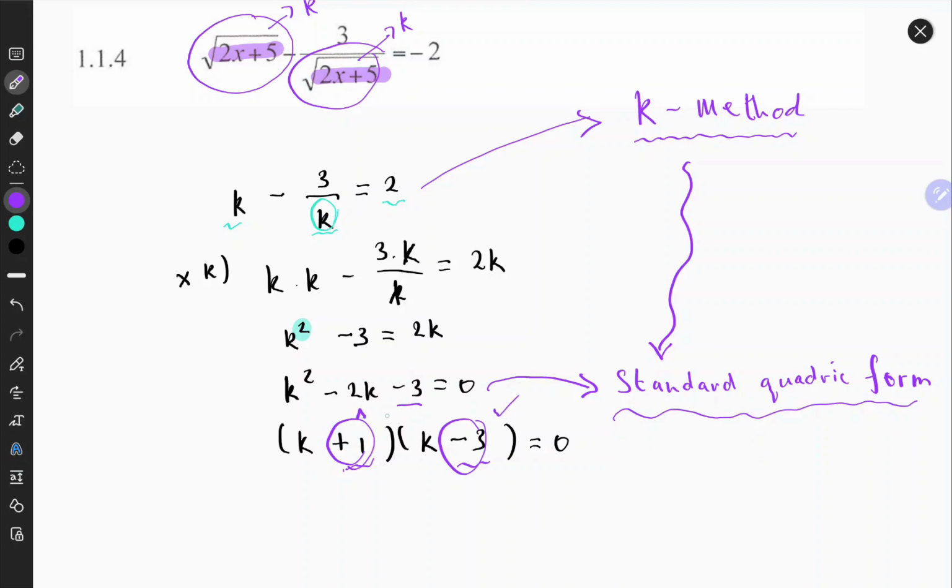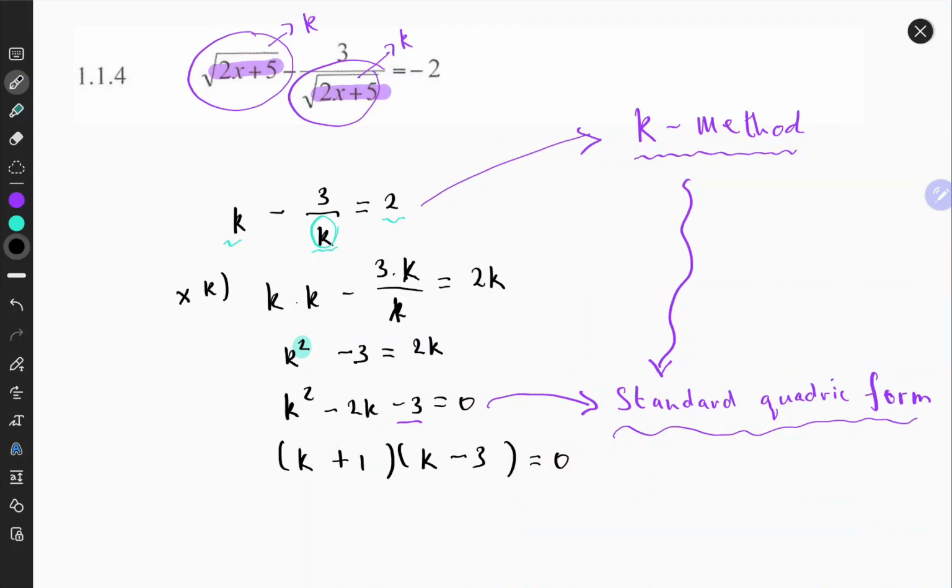So these factors are correct. So by inspection, K cannot be equals to negative 1 because a square root or a surd should always be positive. So therefore it implies that K should be equals to positive 3.